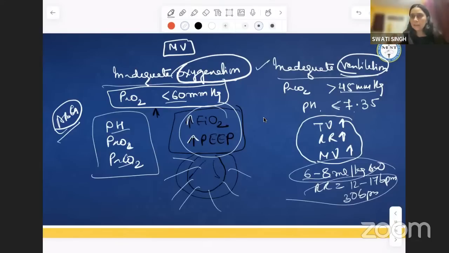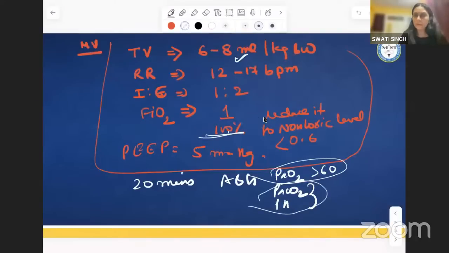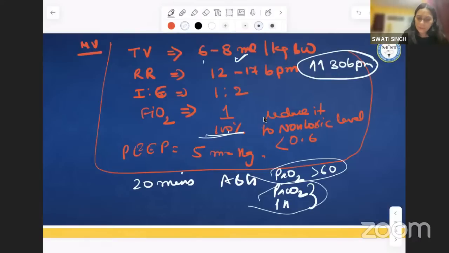If the patient is receiving 6 to 8 ml per kg tidal volume, we increase the respiratory rate till 30 breaths per minute to achieve adequate ventilation. If the patient is not able to achieve adequate ventilation on 30 also, then we start increasing the tidal volume. This is for ventilation. If PaO2 is less than 60, then we increase either FiO2 or PEEP.